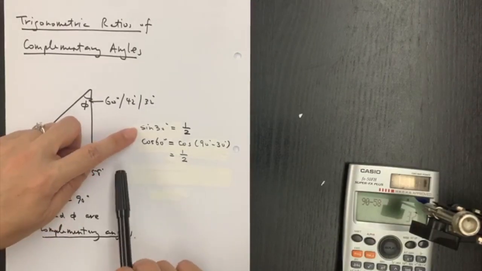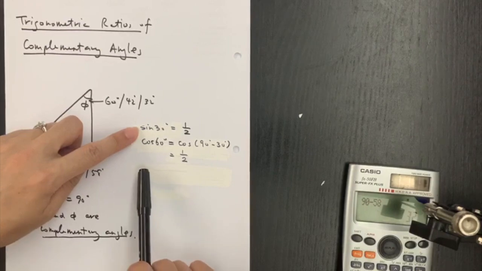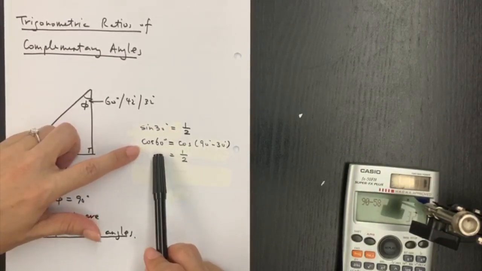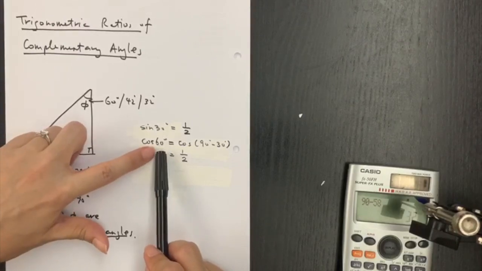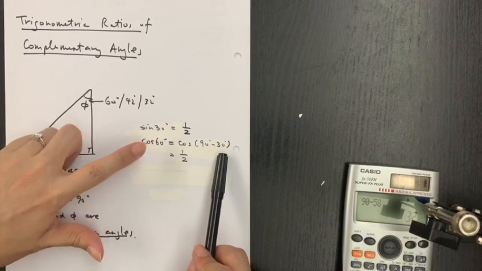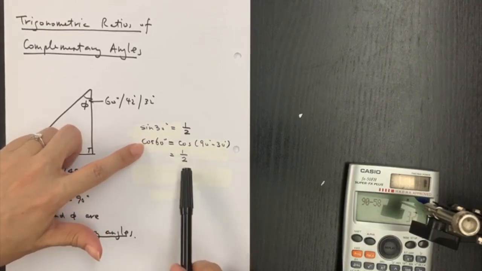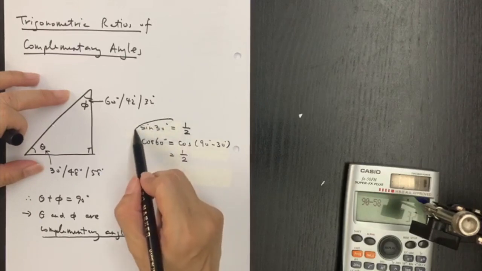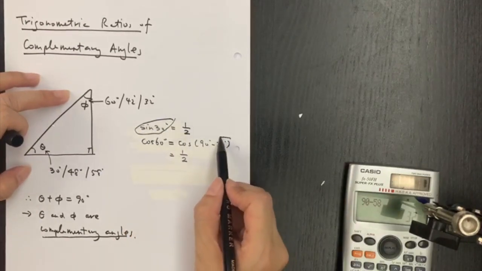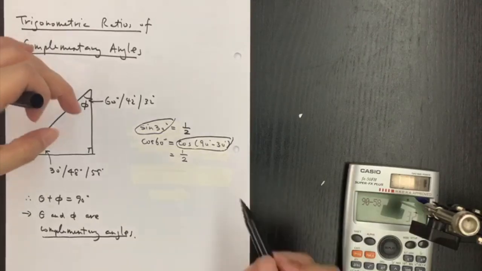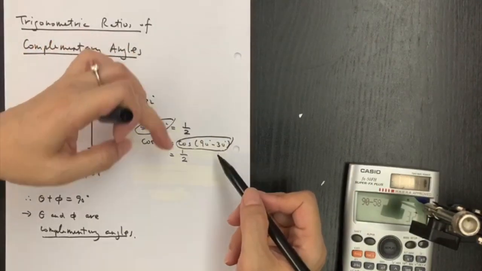Okay, next let's look at the value of sine 30. Sine 30 is equal to 1 over 2. And then how about cosine 60? For this 60, we can change that into 90 minus 30, which is 60. And the value for cosine 60 is also 1 over 2. So therefore, we can say that sine 30 is the same as cosine of 90 minus 30, because both of them are 1 over 2.